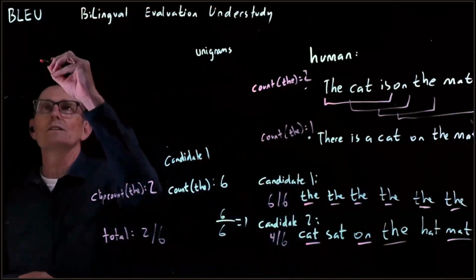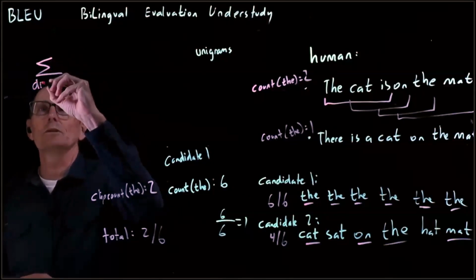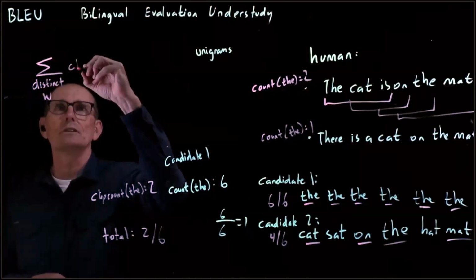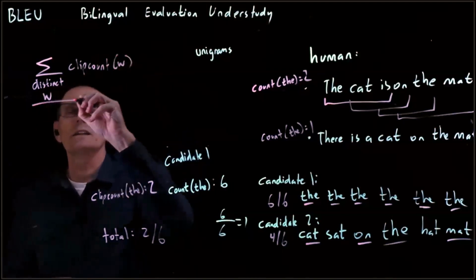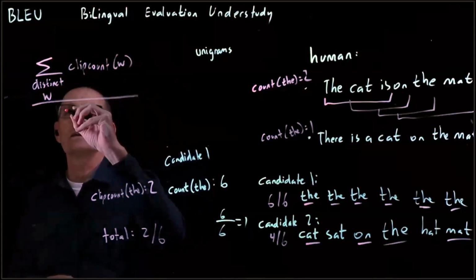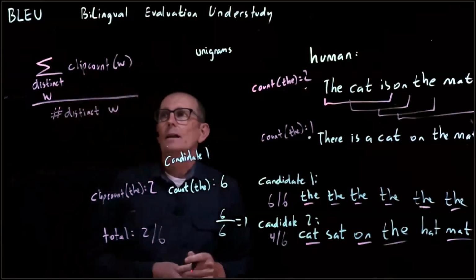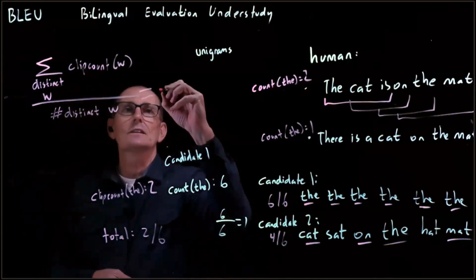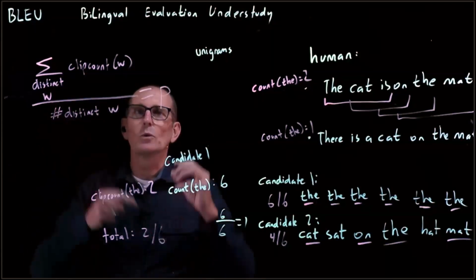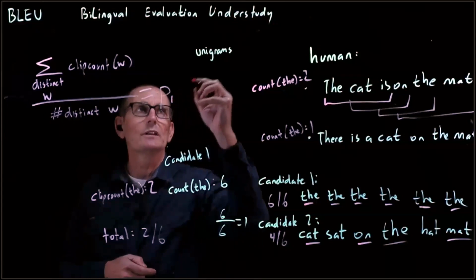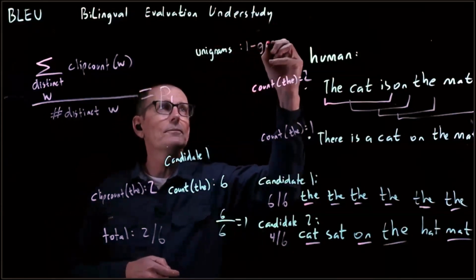So we take the summation for all distinct W of the clip count of W, and we divide by the number of distinct words. And this is what we call the precision. Since we're using words, it's going to be P sub 1, because unigrams are 1-grams.